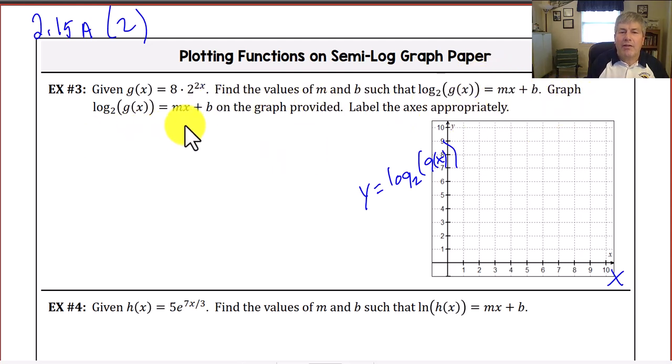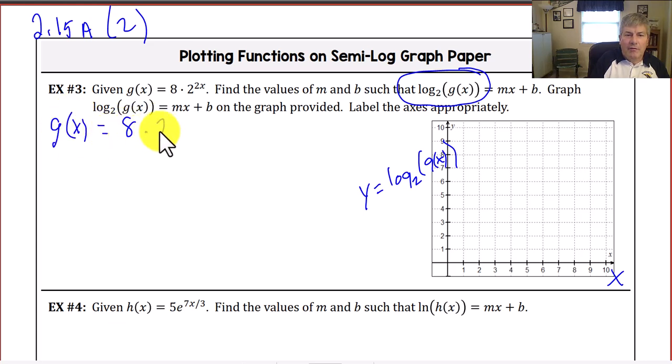And then we'll graph that on the graph paper provided, and it's also asked us to label the axis appropriately. So our y-axis is log base 2 of g of x. We can actually steal that right from our y equals mx plus b, and then our x-axis, of course, is x.